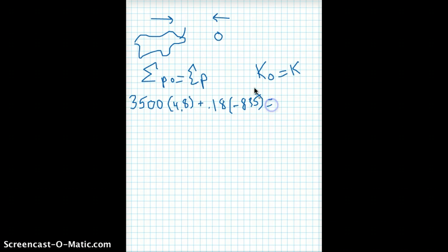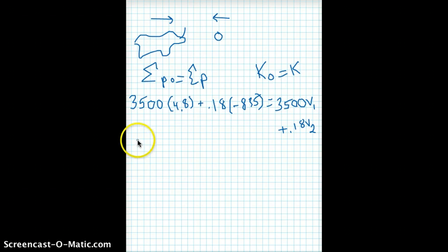And that's equal to 3,500 V1 plus 0.18 V2. The V1 is the velocity of the rhino after the ball hits it, and the V2 is the velocity of the ball after it hits the rhino. So that's one equation that we can simplify slightly.